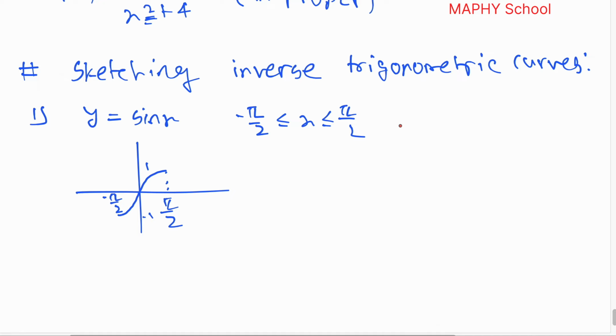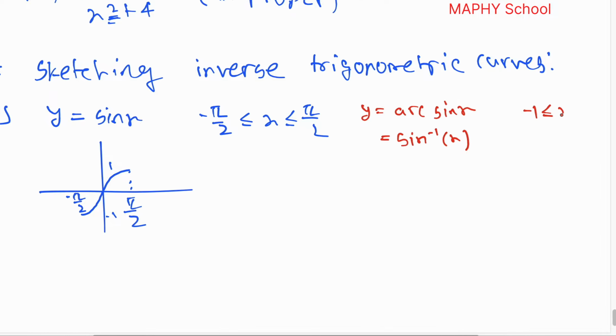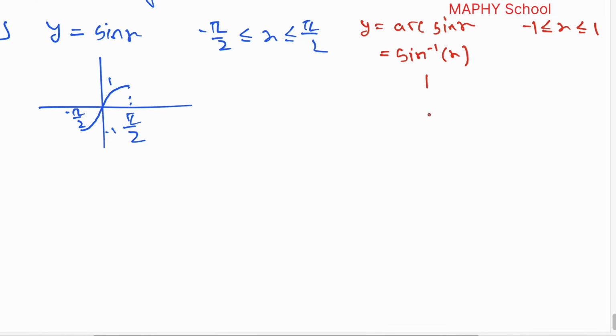Now let's draw y equals arc sin x. What does it mean? It means sin inverse x. The range would be what? Minus 1 to 1. Okay, how can you draw it? How to draw the inverse function? An easy way to remember is that you have to reflect in the line y equals x.